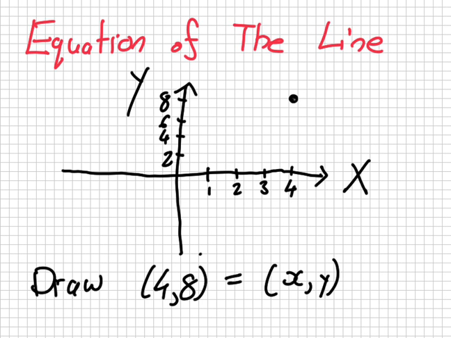So I'm thinking about my next example. 4, 8. So that's a positive and a positive. If it was minus 4, it would be over here. And if it was positive 4 but minus 8, it would be down there. And then if it was minus 4, minus 8, I would draw it over here if they were both minus.